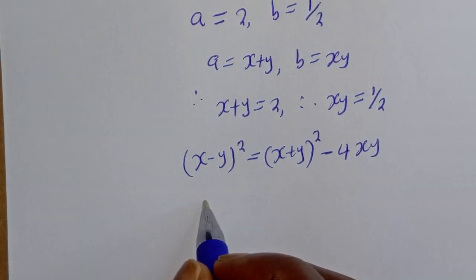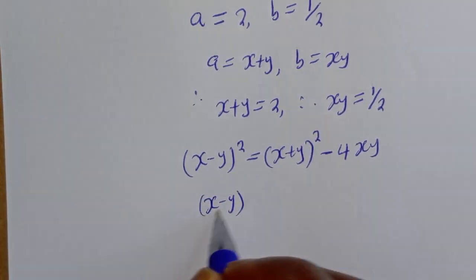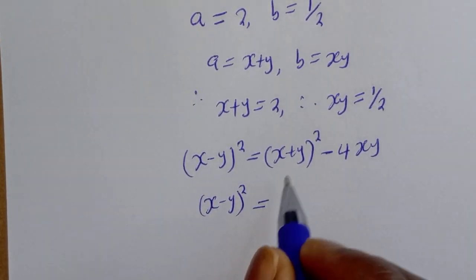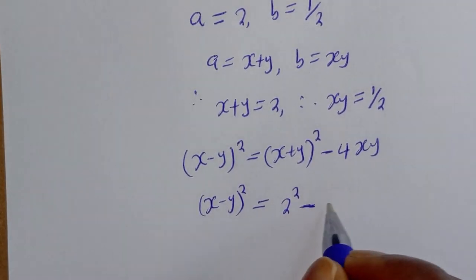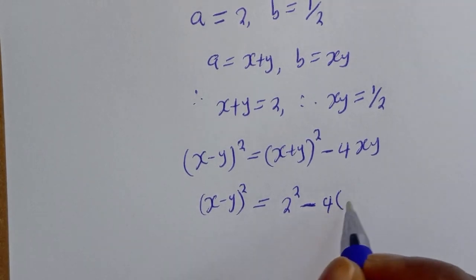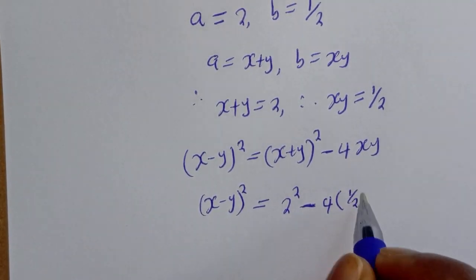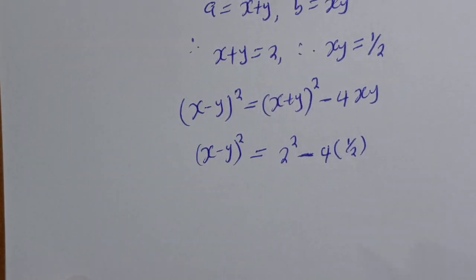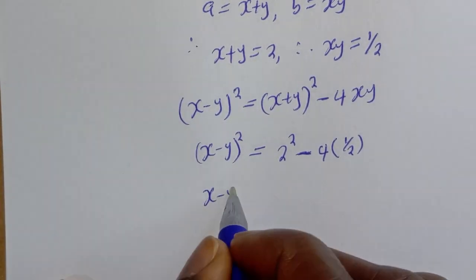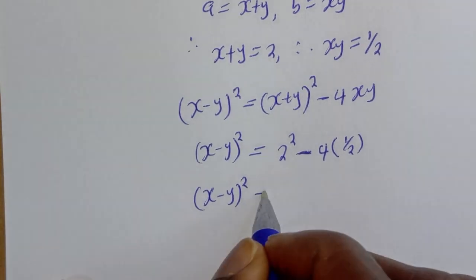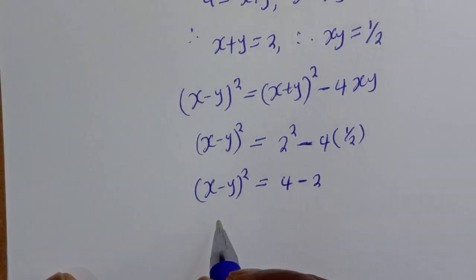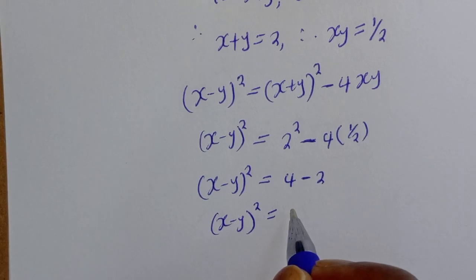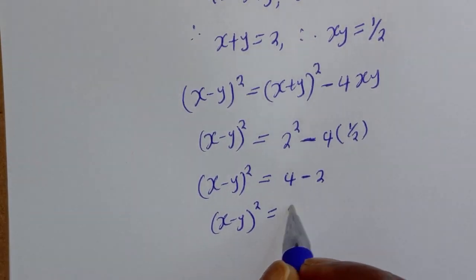Then x minus y all square will be equal to x plus y, which is 2, squared, minus 4 bracket xy, which is 1 over 2. Then x minus y all square is equal to 4 minus 2, which is 2.